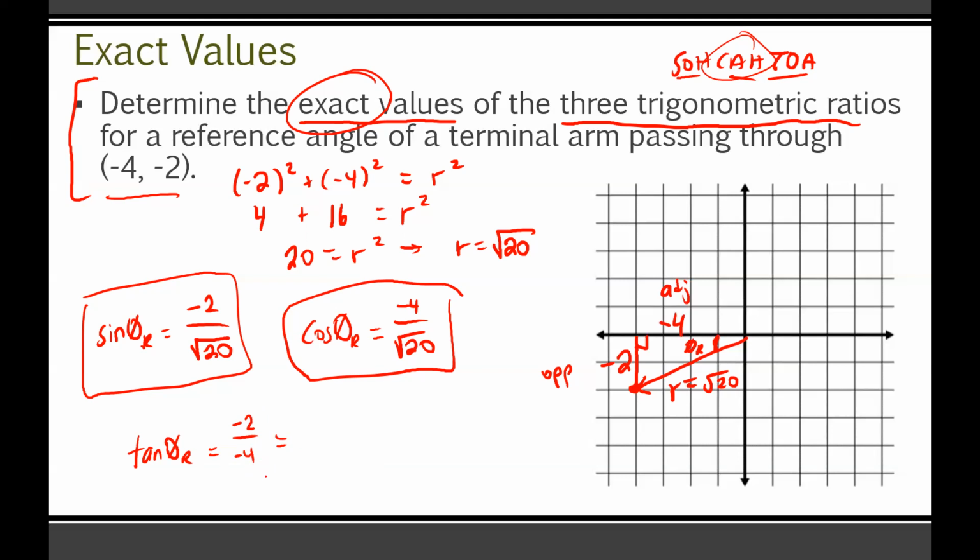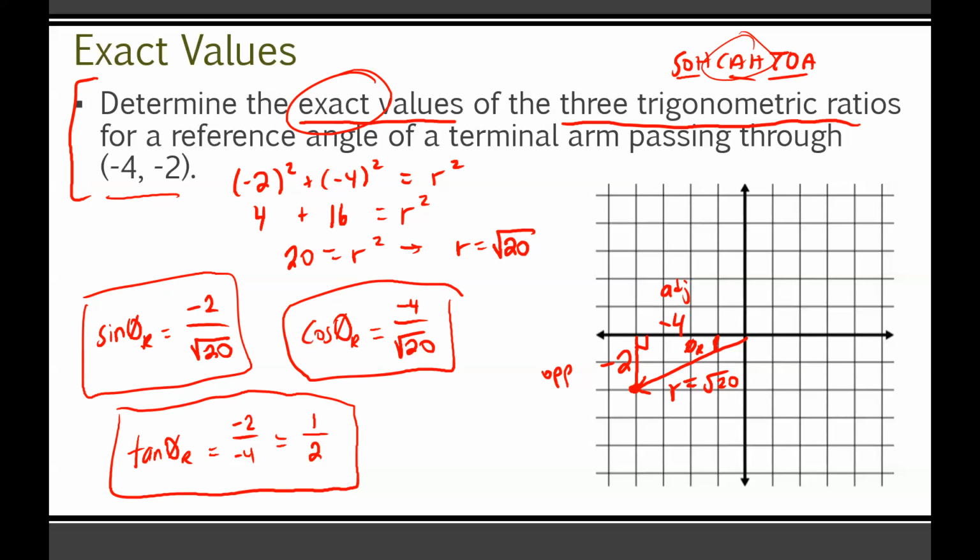Those negatives are going to cancel out. Secondly, 2 over 4 is the same thing as 1 over 2. So why don't we just say this is +1 over +2. That's a little bit nicer of an answer. I don't believe I would ever dock marks for not simplifying it, but it certainly makes it look a lot better. The fact that we're saying tan theta r is 1/2 is a lot easier than saying it's -2 over -4, even though those mean the same thing.